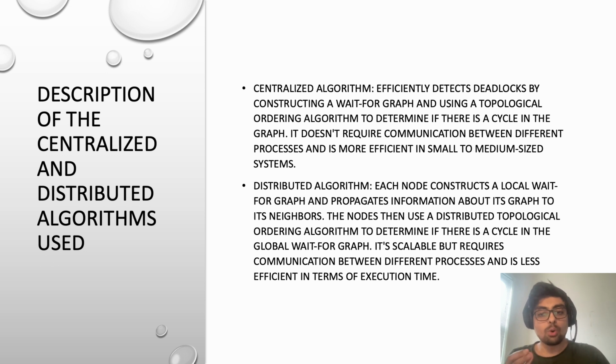If a process holds the token, it detects a deadlock. It sends a message to all the processes to start a deadlock resolution process. Overall, our study provides insights into the strengths and limitations of both algorithms and their practical application in the real world.